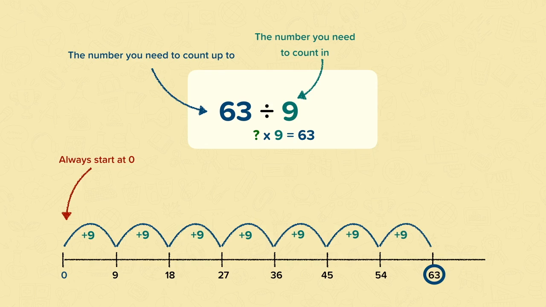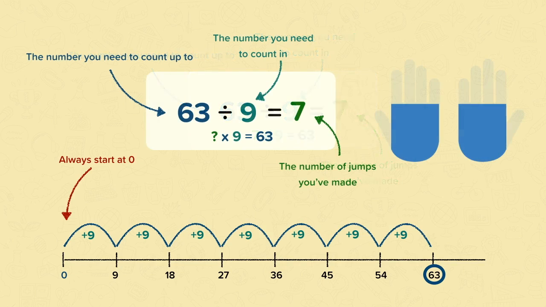We stop at 63 because this is our dividend, and then our answer is the number of jumps that we've made. So there are 7 lots of 9 in 63, so 7 is our answer. And if we look back at the inverse, 7 times 9 is 63. So this proves that we were correct.